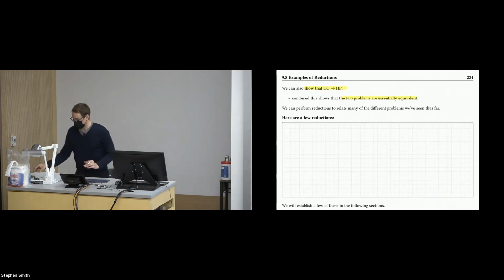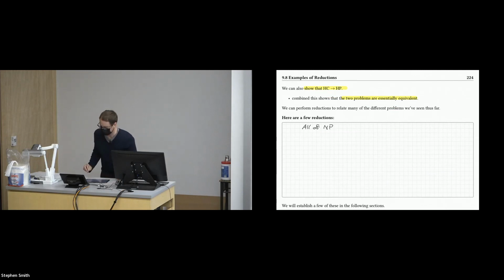So there's a bunch of reductions, and we're going to go through a few of them. Some of them are much harder to show than others. But here's just some reductions. All of NP, so any problem in NP, can be reduced to SAT. Actually, I'm going to draw it slightly different. All of NP can be reduced to circuit SAT, which can be reduced to SAT.